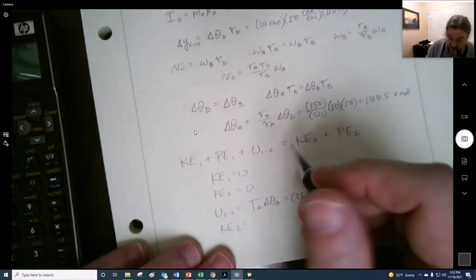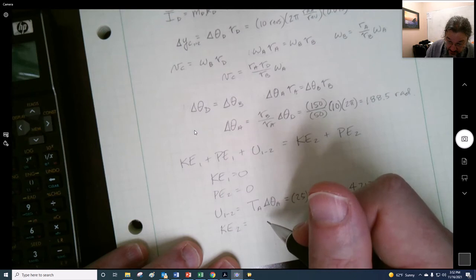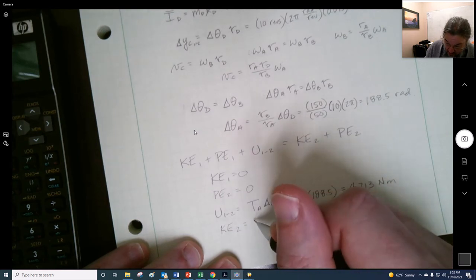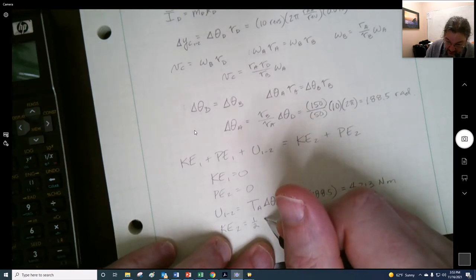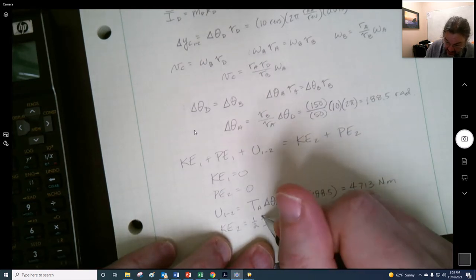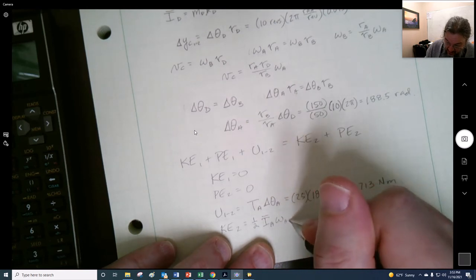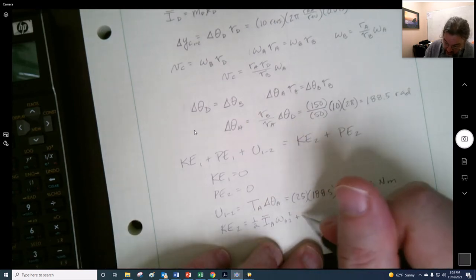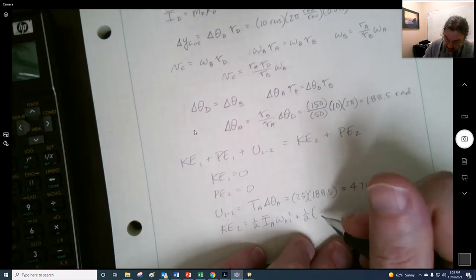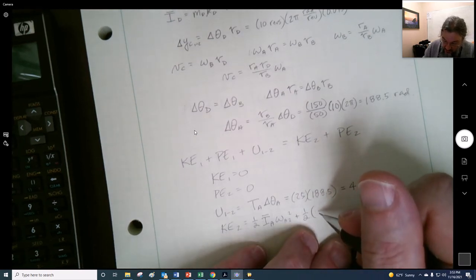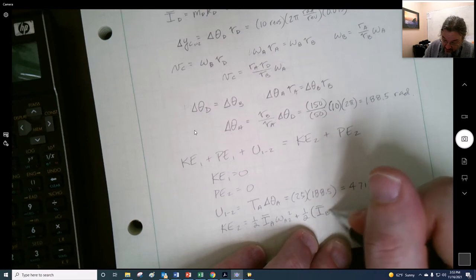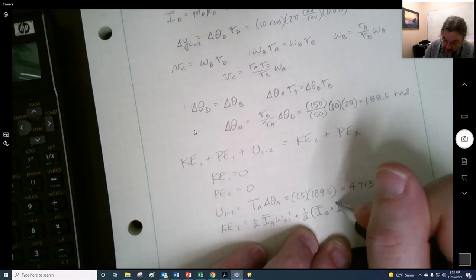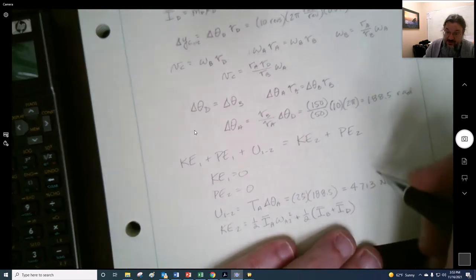KE2, I didn't leave myself a lot of room here. I'm going to go to another page in a second, but still kind of cramming it all in. We're going to have 1/2 I_A omega A2 squared plus 1/2 I... Now both B and D are rotating at the same speed, so I'm just going to combine them, and we can do that because they're about the same axis anyway.